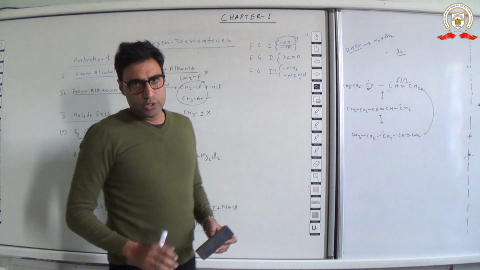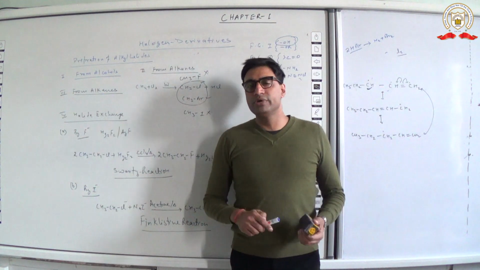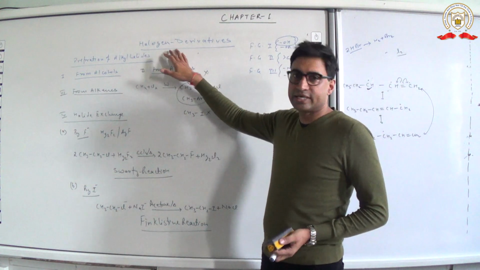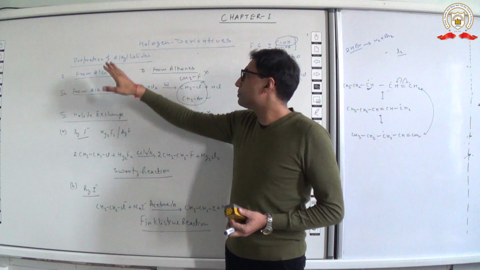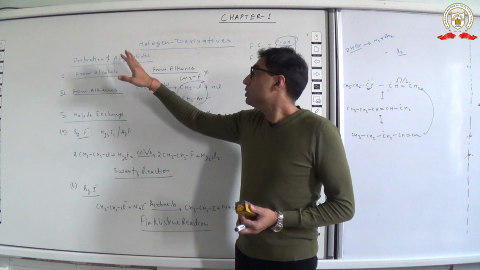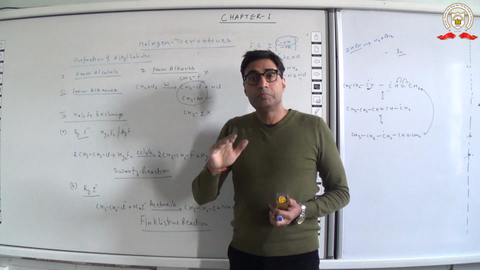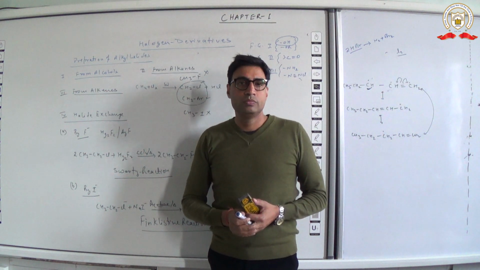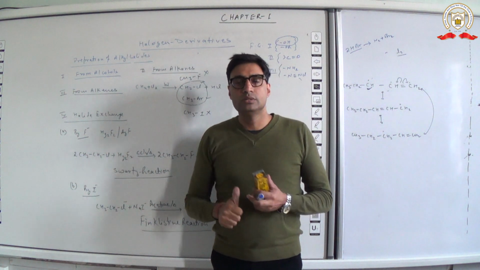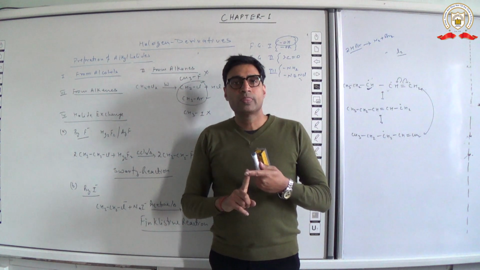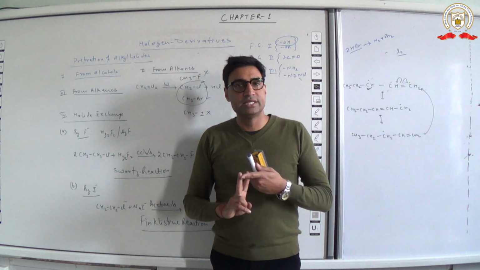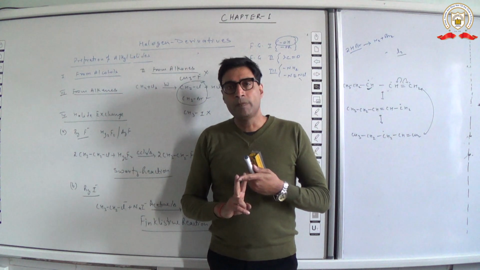Dear students, in this session what we have done, we have learned what are halogen derivatives, alkyl halide and aryl halide, preparation of alkyl halide from alcohols by reaction with halogen acid. In that we did chlorination, in that we did Lucas test, then bromination by HBr, then iodination by HI.